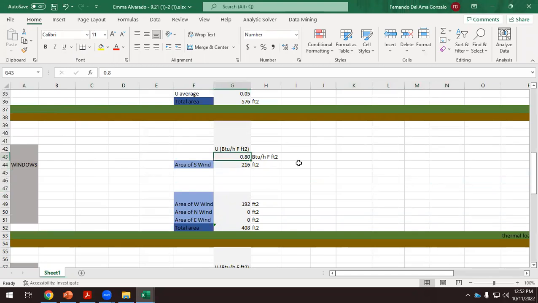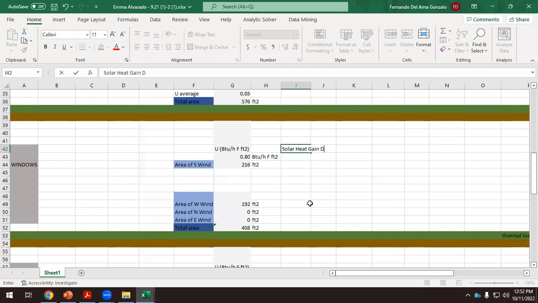We might need another value here, which is the solar heat gain coefficient. The solar heat gain coefficient of the window. And I'm going to type here something.